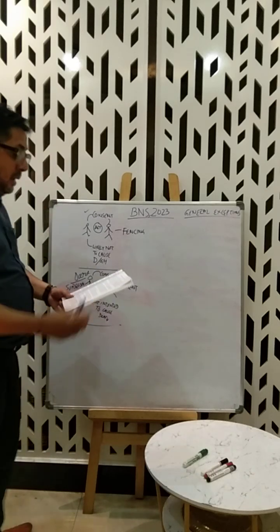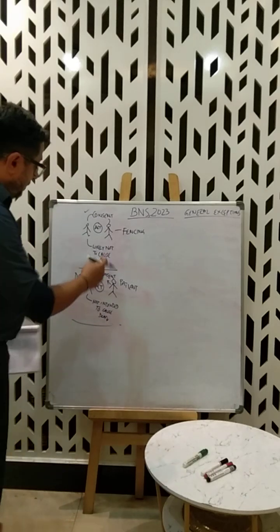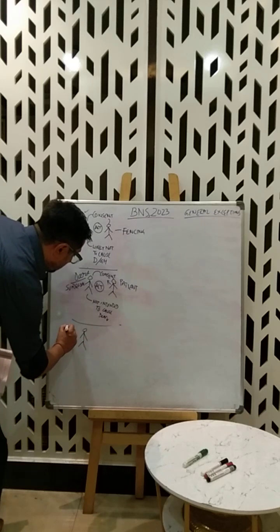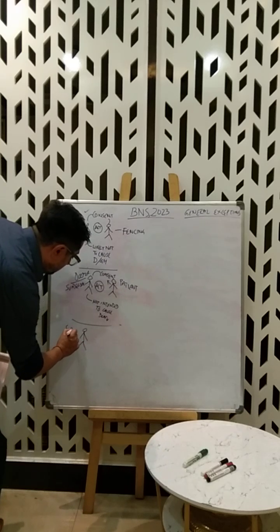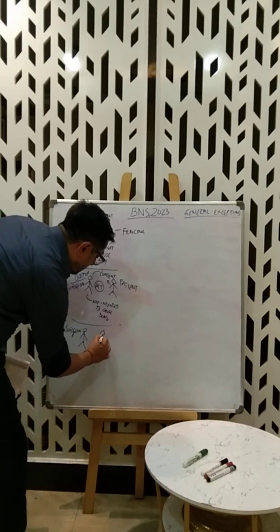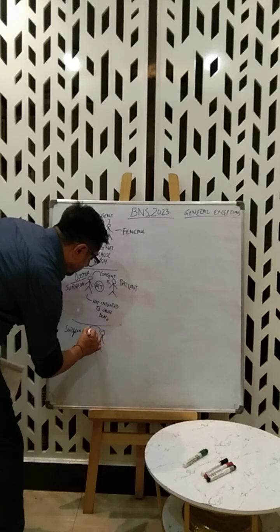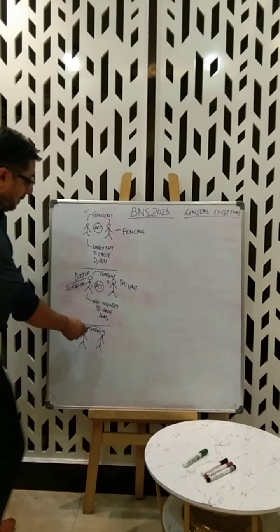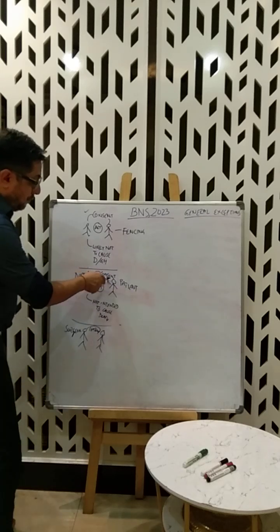This is number 2. Now number 3, the same consent. Let's put it to be the surgeon again, our friend. And this fellow gives the consent. But here the consent was not for himself.